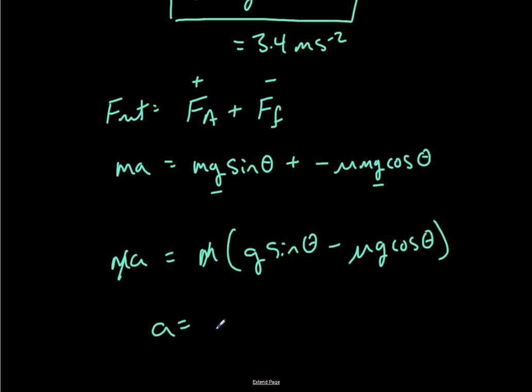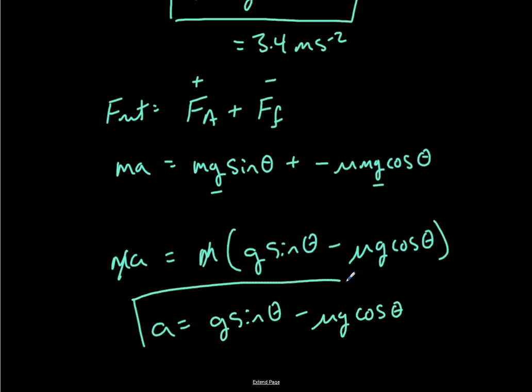So what I'll get for acceleration when there is friction is g sine theta minus mu g cos theta. This is like a universal formula that will give you acceleration on a given surface if you know the mu value. Interestingly, the weight of the object doesn't matter. For a given slope and a given mu value, acceleration will always be the same.